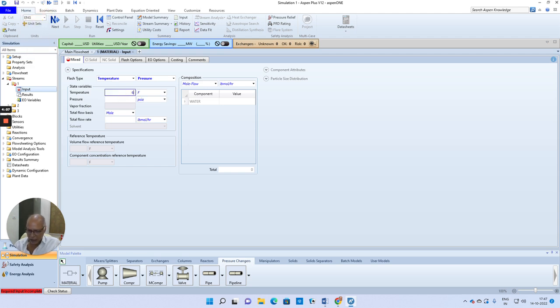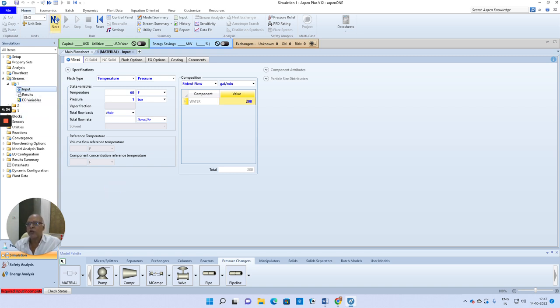So we have 60 degrees of temperature. Pressure is atmospheric pressure, maybe 1 bar or 1 atmosphere. And the flow rate is in terms of volumetric flow, 200 gallons per minute. So we have satisfied the definition of stream 1.